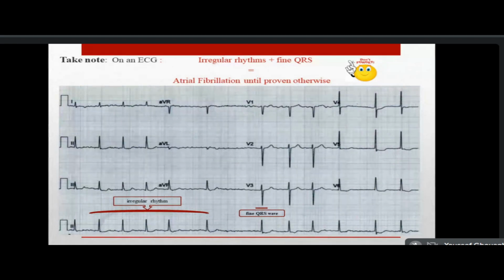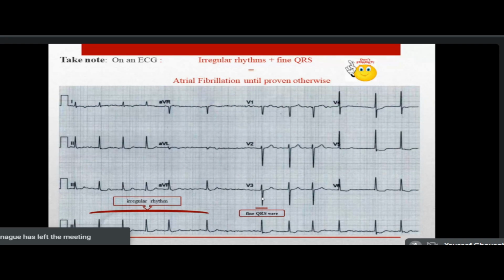In this slide, I put an easy way to remember atrial fibrillation when you are facing an electrocardiogram, okay? You see an irregular rhythm, which means that the spaces between the beats are not equal, not the same. As you can see here, it's not equal. And we have a narrow QRS wave, which means that it's lower than 0.12.